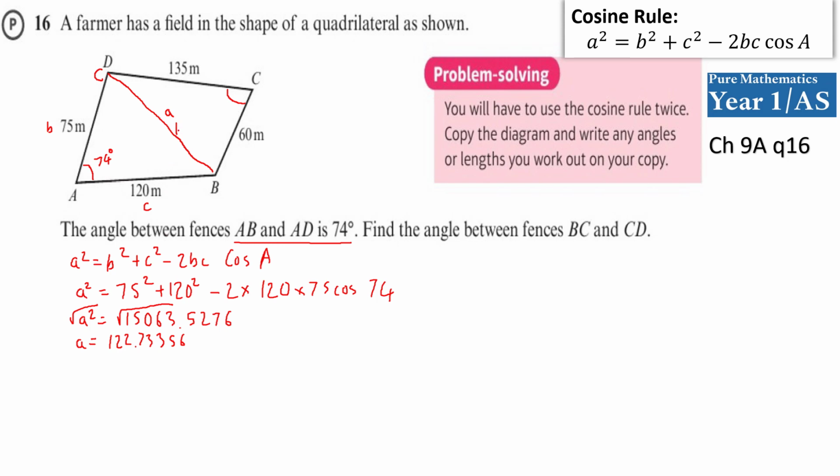So I'm just going to call that 122.73 for now. Now, okay, so if we have three lengths of a triangle and a missing angle, we can just use the cosine rule again.